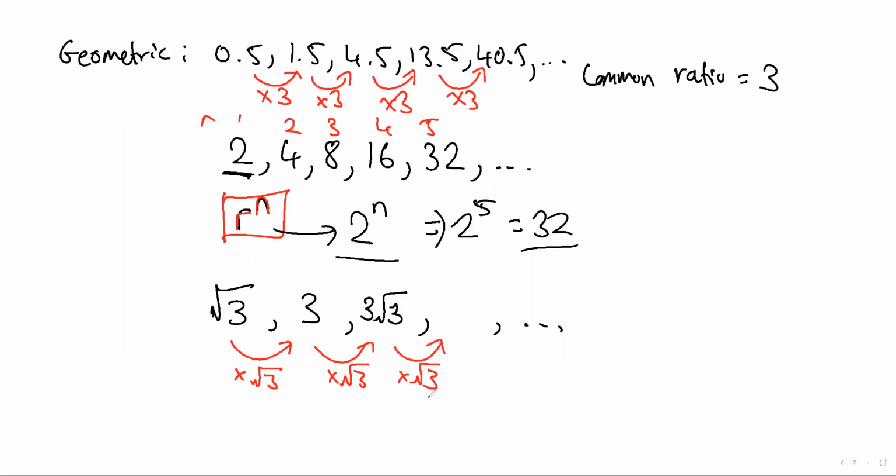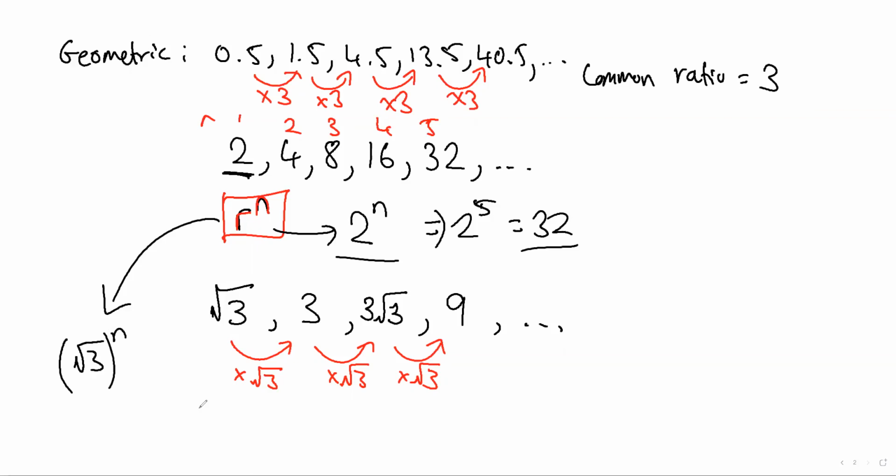And then when we multiply by √3 again, the √3s we can turn into a 3. So we get 3 times 3, which is 9. Another way to see this is if we put it in this form again with r to the n, our r now is √3, and we have it to the power of n.